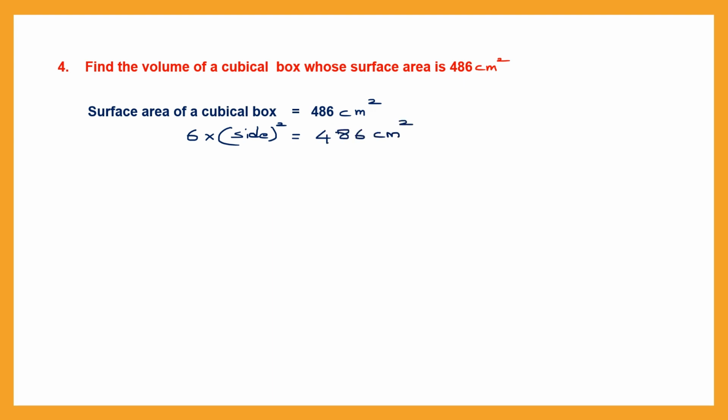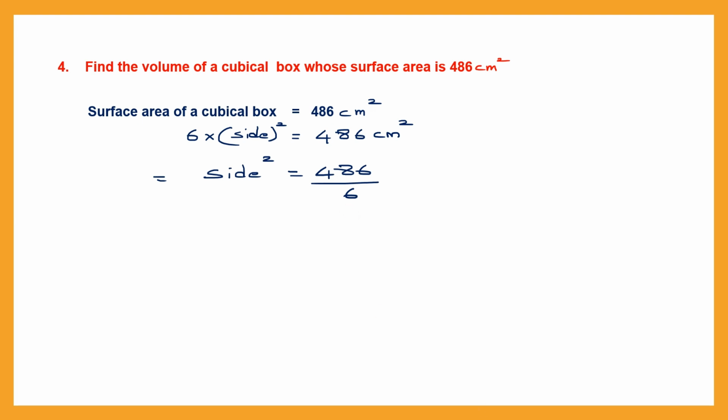By using this, we can find the value of the side. So that means I can say side square will be 486 divided by 6. How is it division? Here I have 6 multiplied by side square. I'm taking 6 to the other side. It becomes divided by 6.